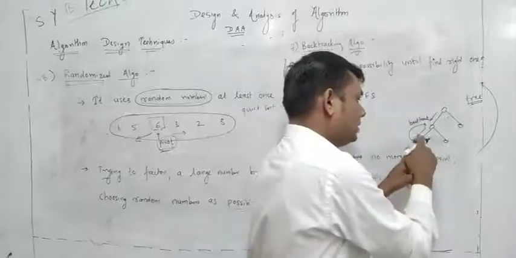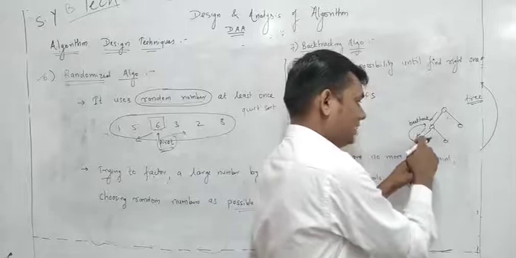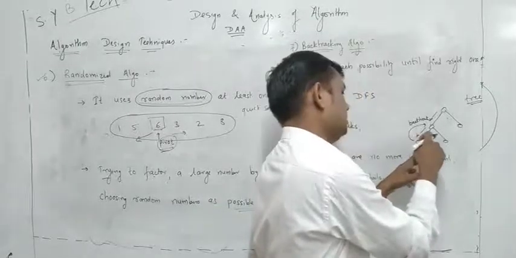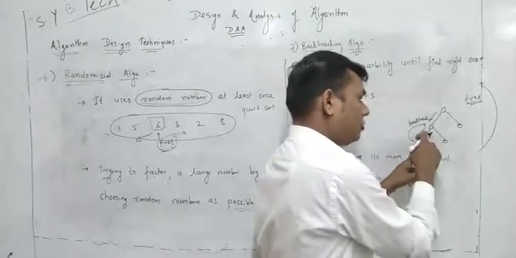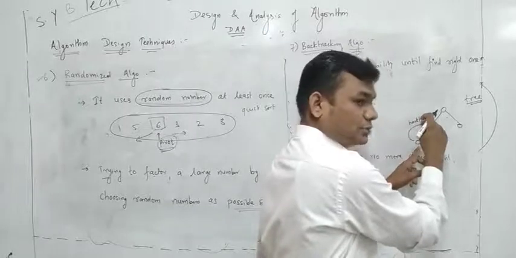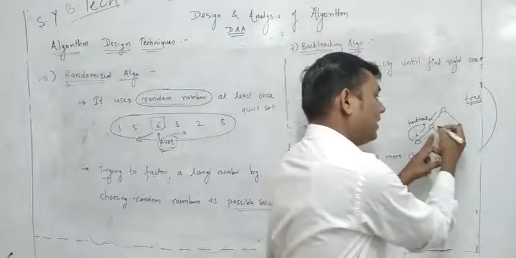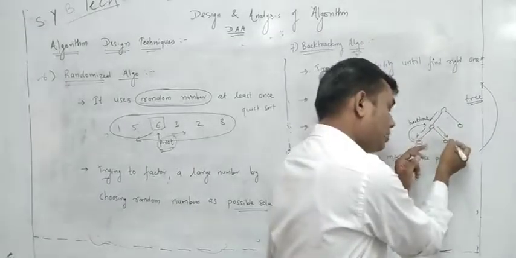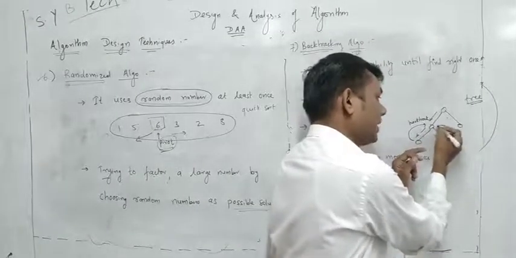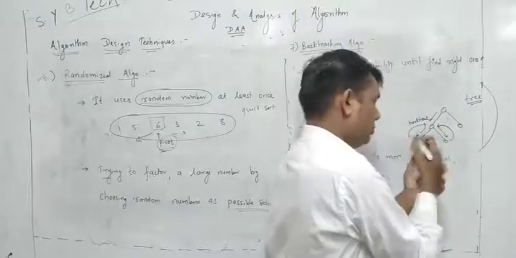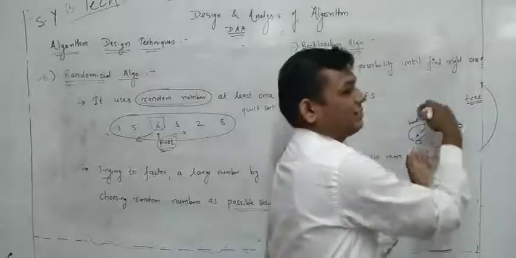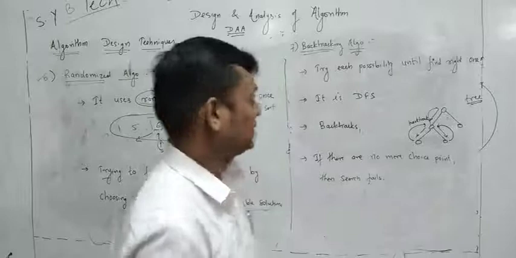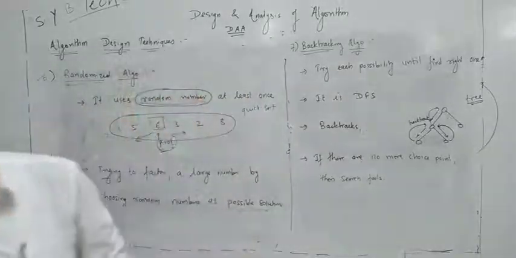If we do not get the solution here, and this is the last choice point, we have to backtrack to its root, and if we still do not find the solution, we go for the right. If we do not find the solution, we again go to the root, and like this we have to backtrack and backtrack. That's why that method is called the backtracking algorithm method.